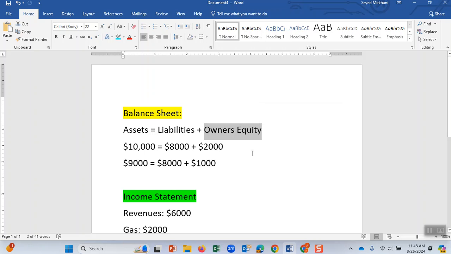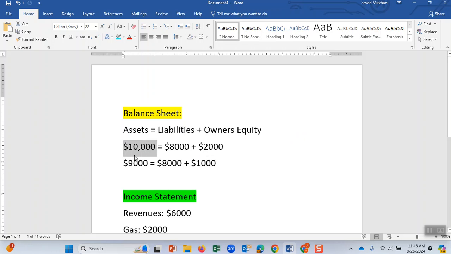Let me give you an example. Think about someone who wants to be a cab driver. This person goes and buys a car for $10,000, puts $2,000 down as a down payment, and borrows $8,000 from the bank to make it $10,000. That way, he or she can buy this car.